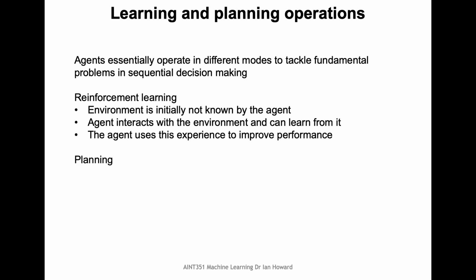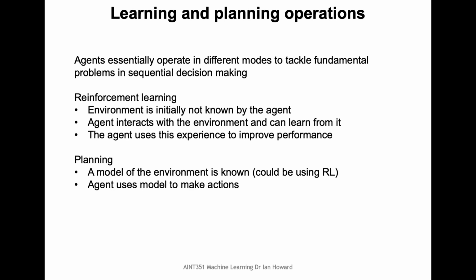And just like I just showed you, exploitation is then the planning phase really. This is when we've started to build up a model of our environment, and we can use it to make actions.